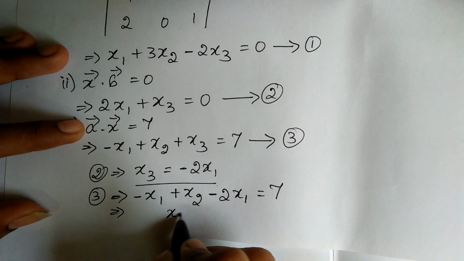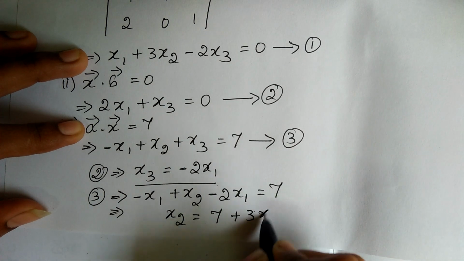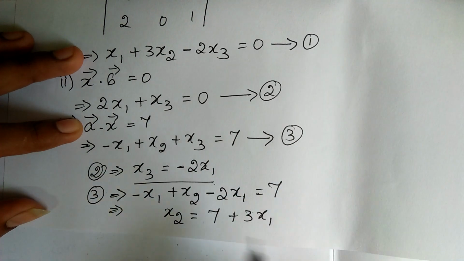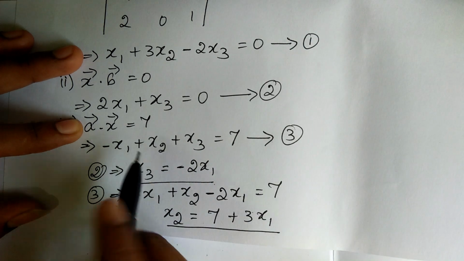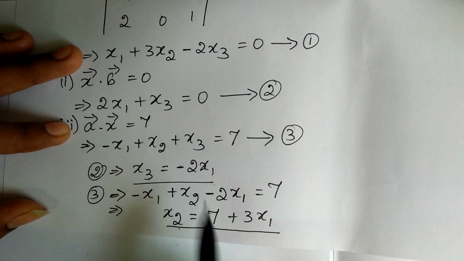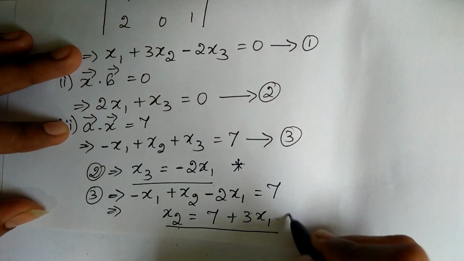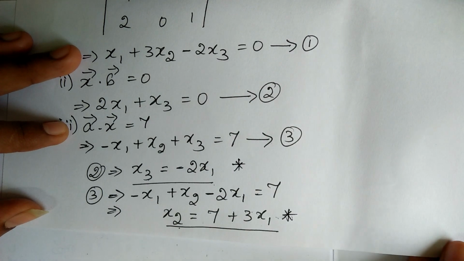Here x2 is equal to 7 plus 3x1. Therefore, we got the values of x3 and x2 in terms of x1. Let us substitute these values in equation number 1.